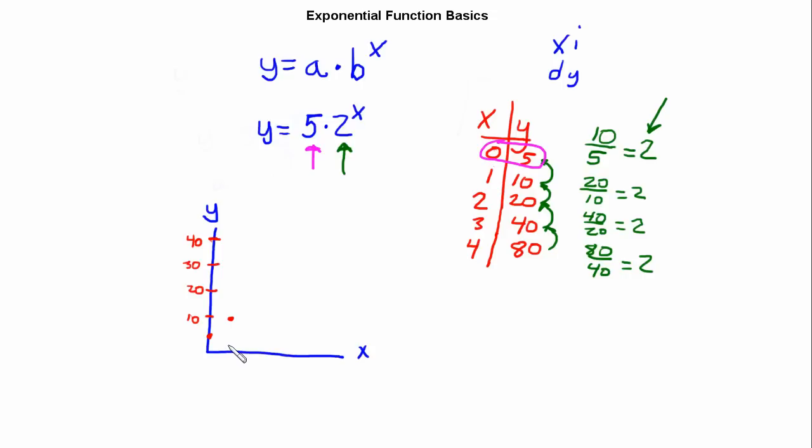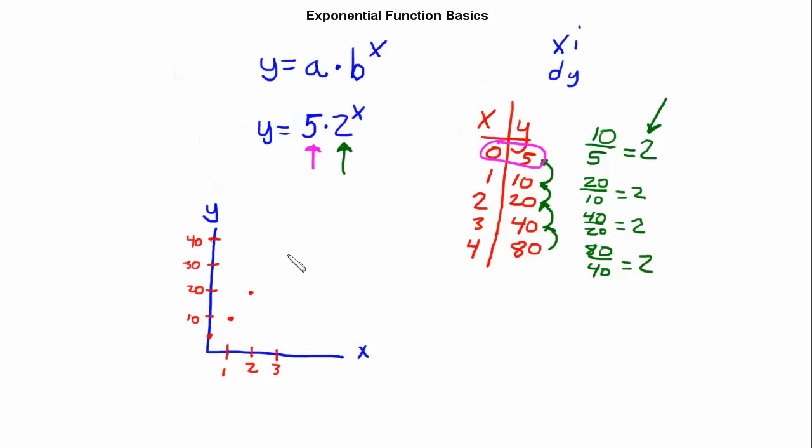Down here I'm going to put 1, 2, 3, and that's all we're going to have room for at this point based on the way I scaled this graph. So we'll just graph these first few points here, first 3 points. So we have 1, 10, then we have 2 and 20, it's right here.